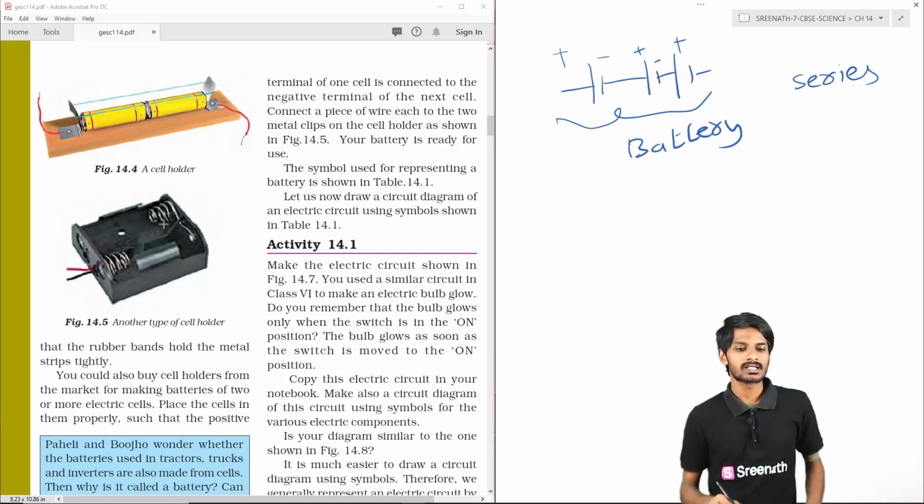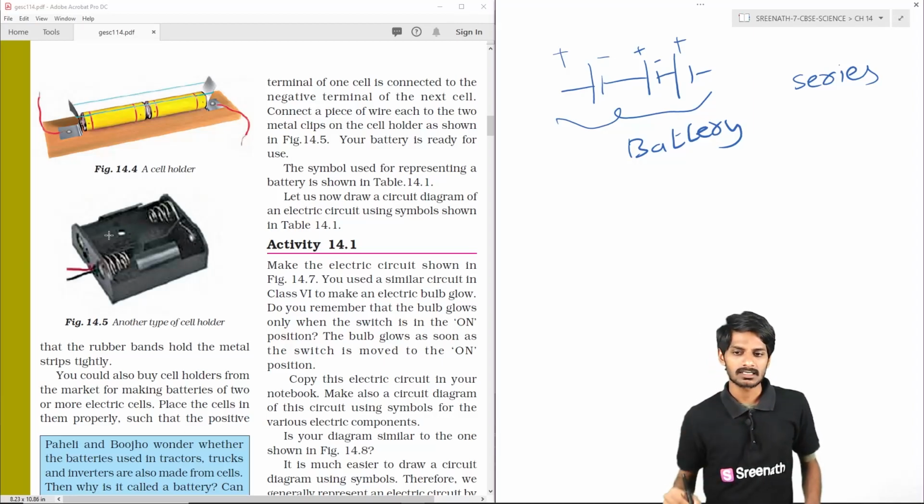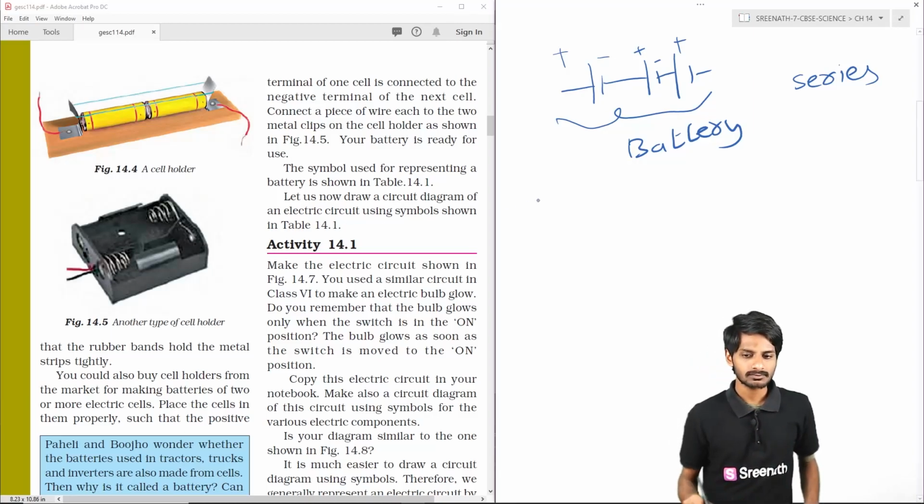So if you see, students, our cell holders in our torches or remote controllers or whatever it may be, in all those things, these are like this. Okay, students, so they are side by side. Then you may have some doubts: sir, they are side by side, so how are they connected in series? If you carefully observe, students, we place them one opposite to the other.